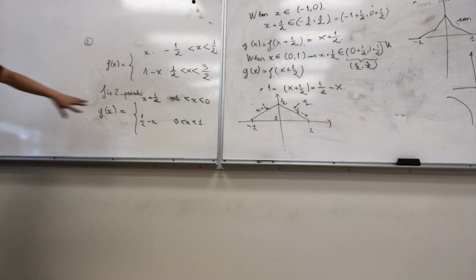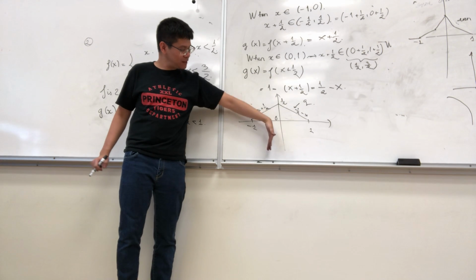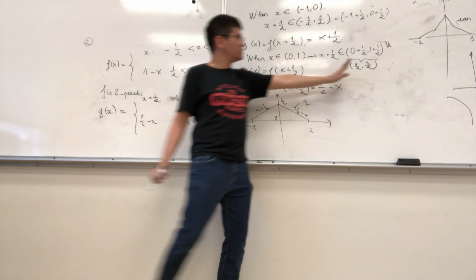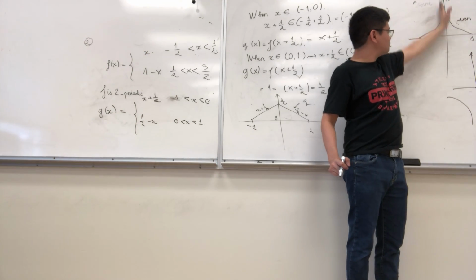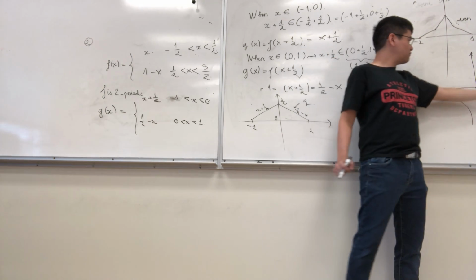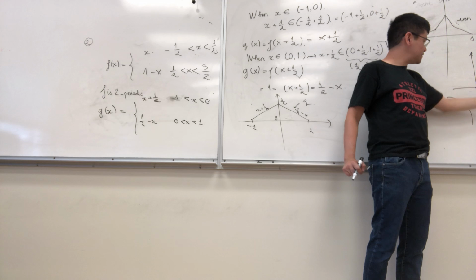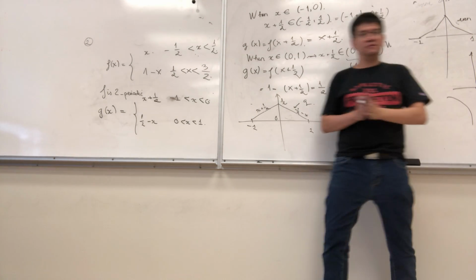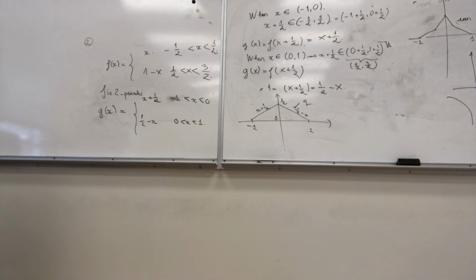In this case, the function is symmetric with respect to the y-axis, so it's an even function. An even function is a function whose graph is symmetric with respect to the y-axis, and an odd function is a function whose graph is symmetric with respect to the origin. So we always need to shift because we want an even or an odd function. In this case, you reduce a lot of computation, and you reduce the mistakes. Other questions?